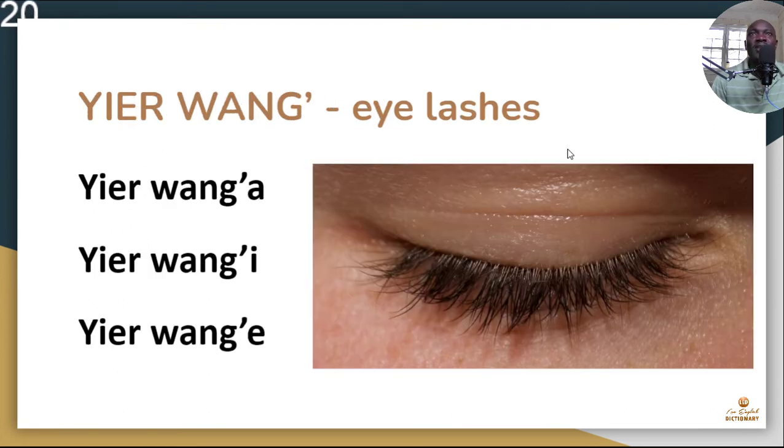The next thing we look at is the eyelashes, and the eyelashes are called YIER wang.